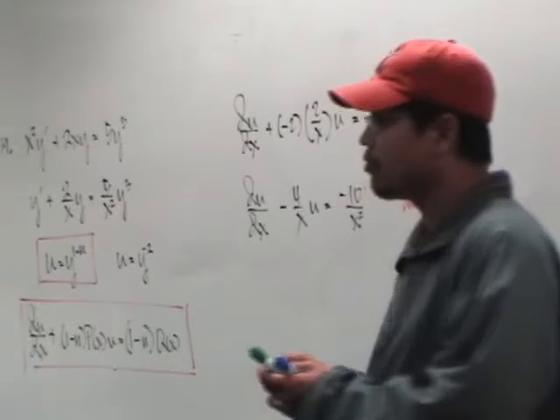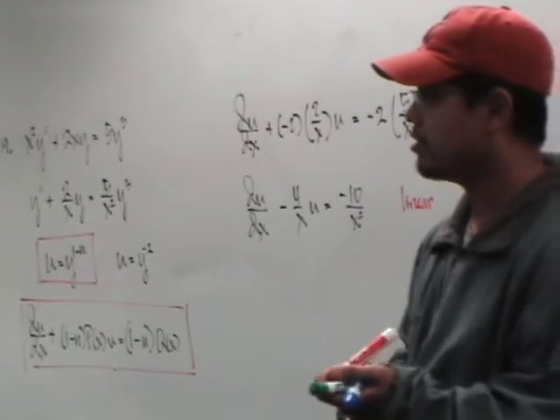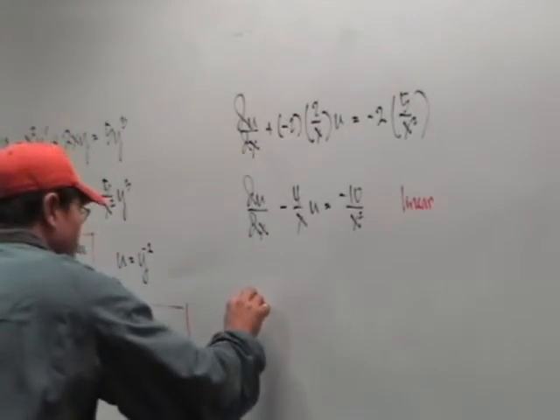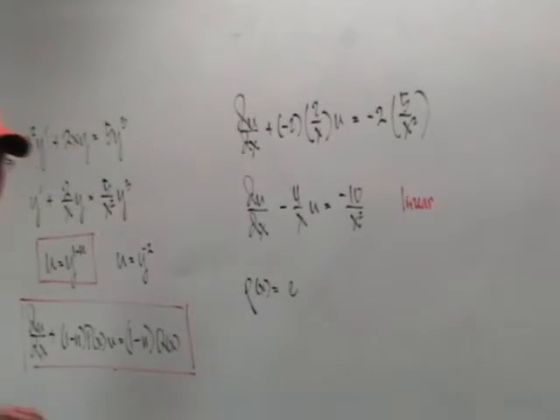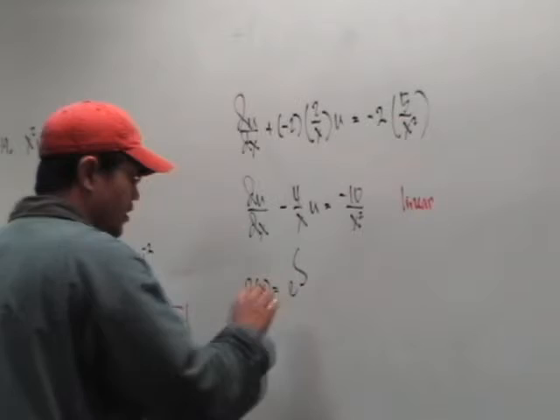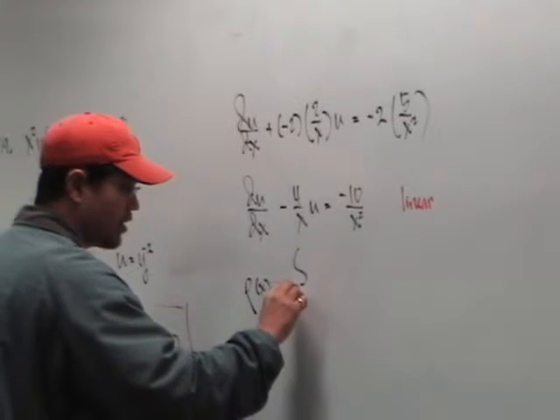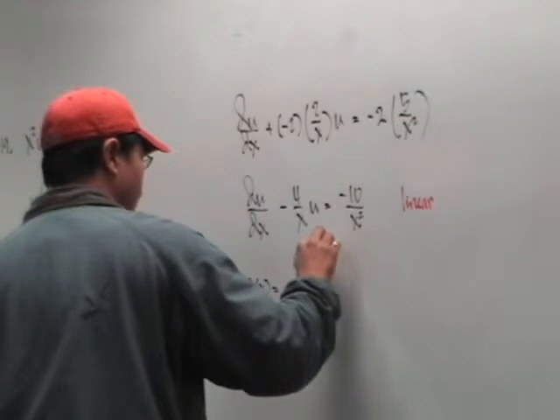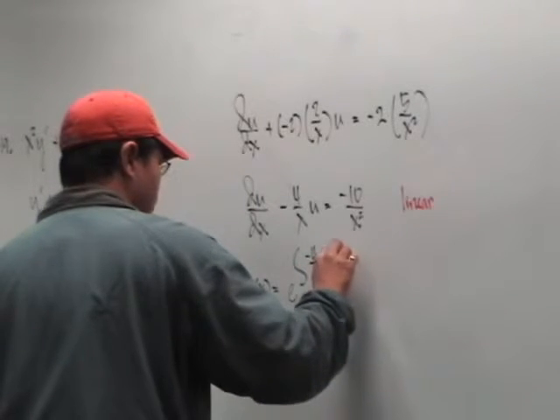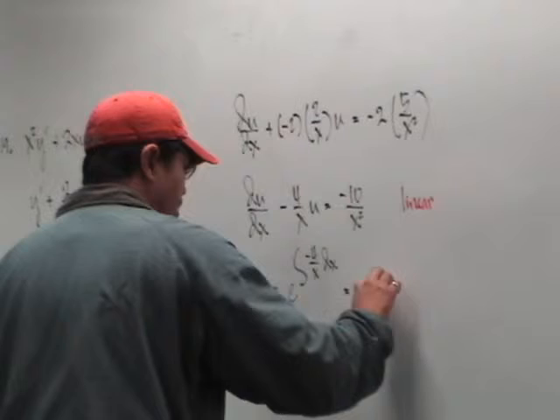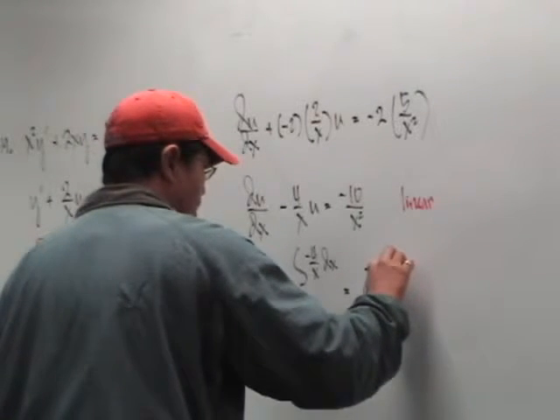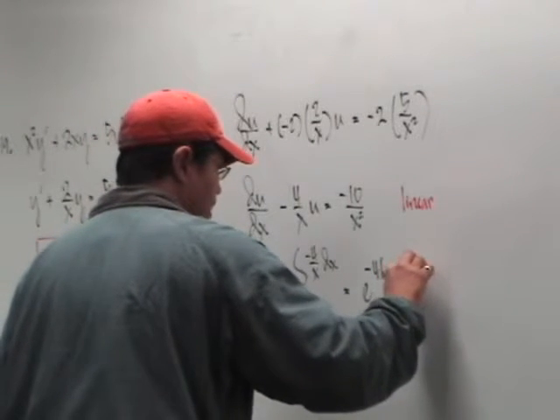And you have that 3-step process of linear equations. Rho of x is equal to e to the integral, the antiderivative, of negative 4 over x dx, which would give you e to the negative 4 natural log of x.